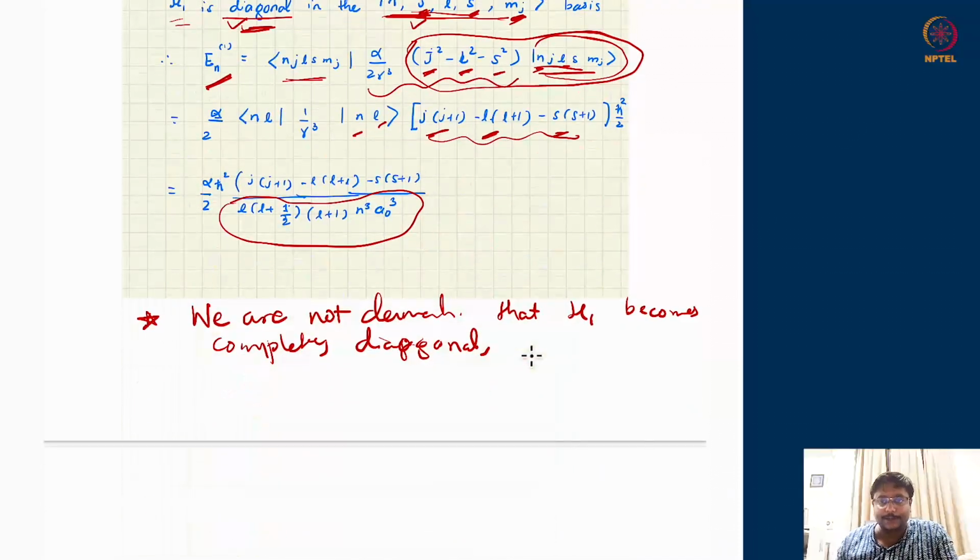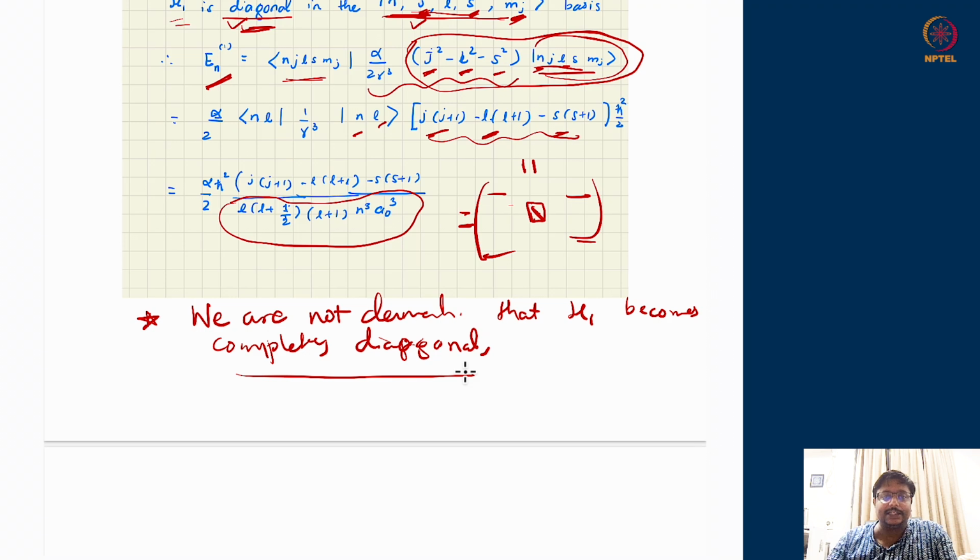For example, suppose two states have the same energy, this and this. The Hamiltonian here should look diagonal. Here and here, there could be off-diagonal terms, which can be non-zero. So I'm not demanding H1 to be completely diagonal. We are just demanding that it should be diagonal in the degenerate subspace.